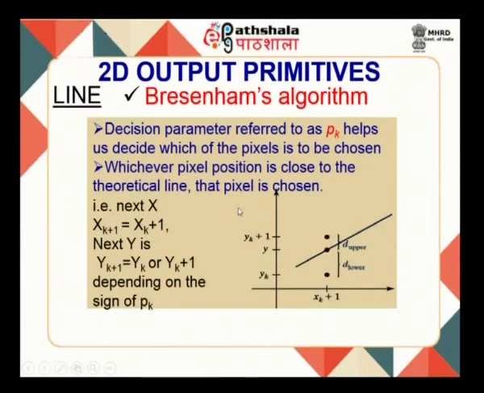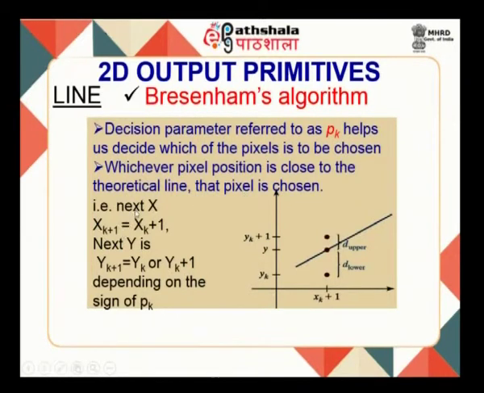Let us check how this decision parameter is computed, which we will do in the derivation. A decision parameter, denoted as p_k, helps us decide which of the pixels to choose. Whichever pixel is close to the theoretical position, we choose that pixel.